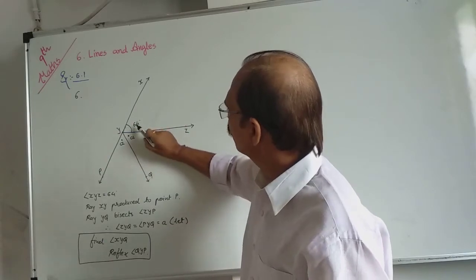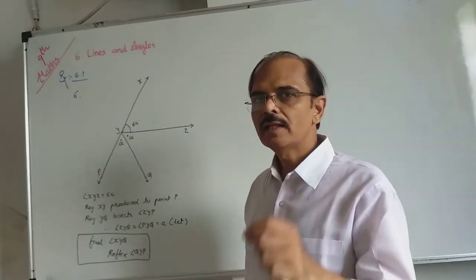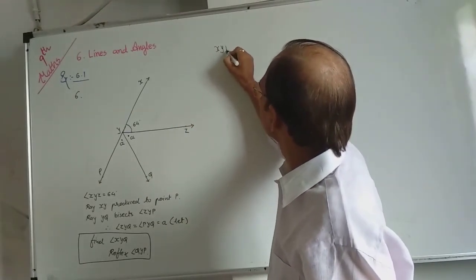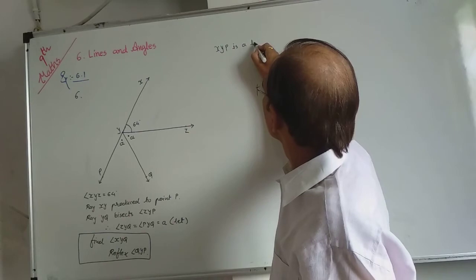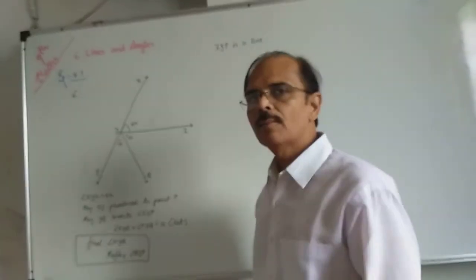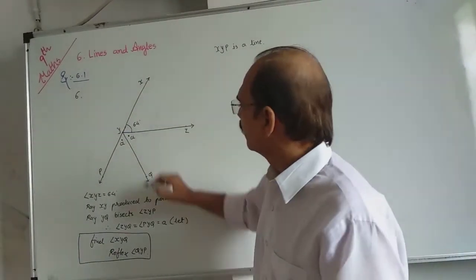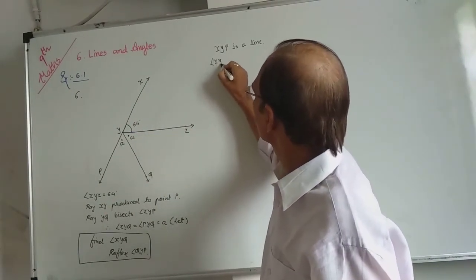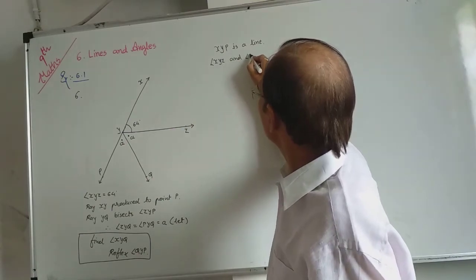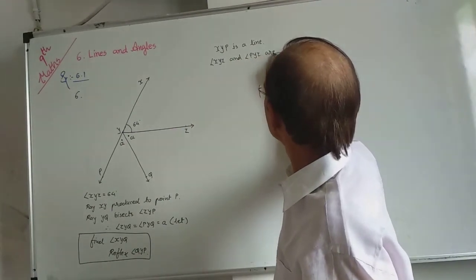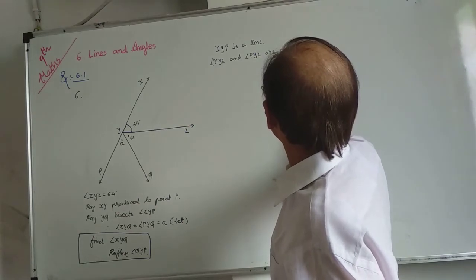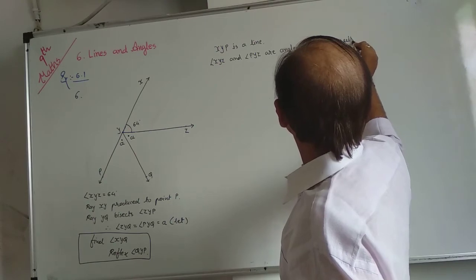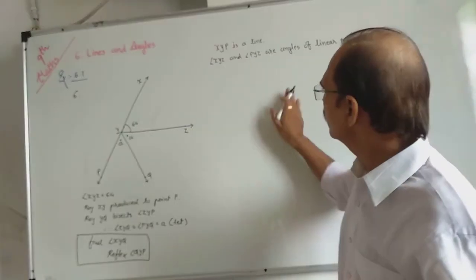XYQ means I want to find 64 plus a. Means I need to find a. You know that XYP is a line. If it is a line, we can apply angles of linear pair. So angle XYZ and angle PYZ are angles of linear pair. Linear pair is always supplementary.